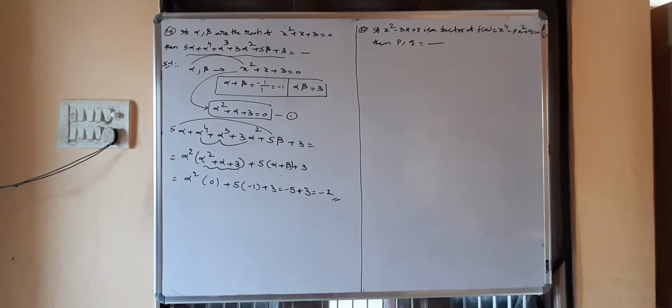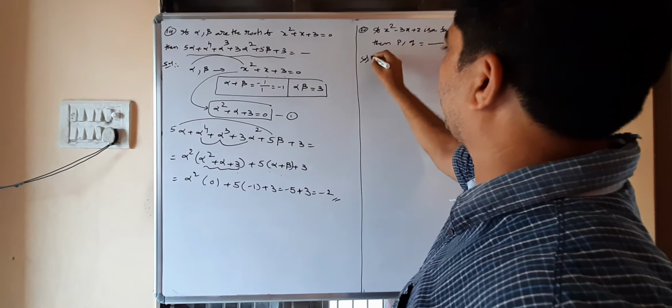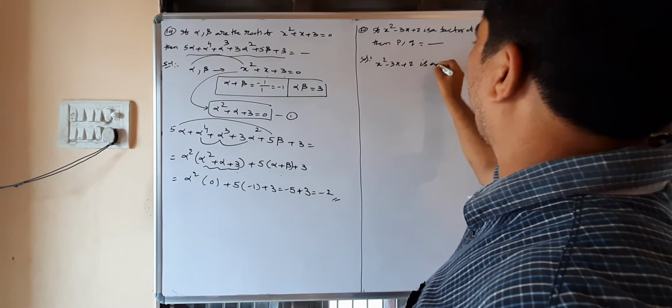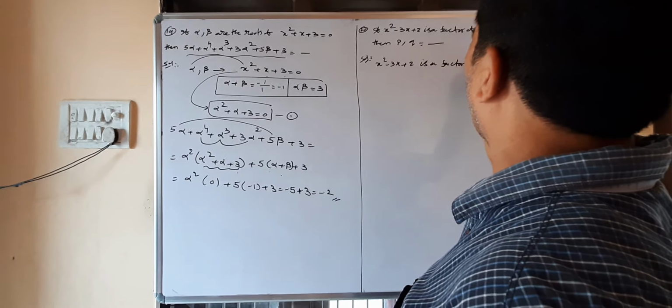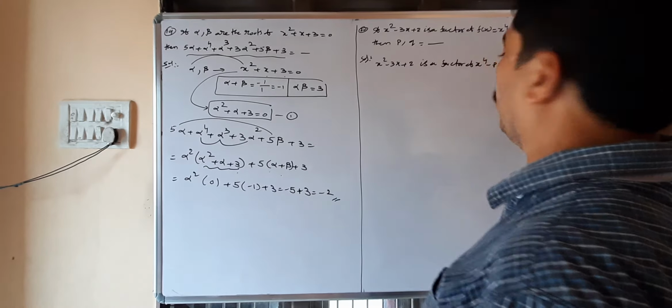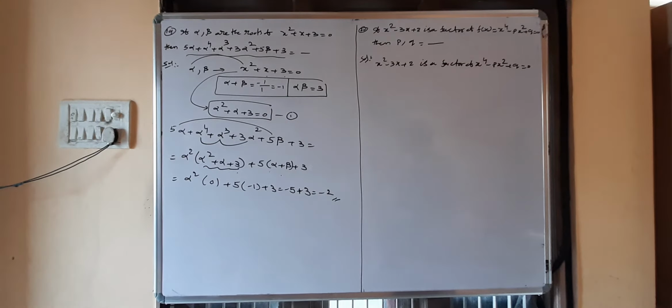Coming to the next question, there are two methods. x² - 3x + 2 is a factor of x⁴ - px² + q = 0. In theory of equations, I explained one method, the synthetic division method.